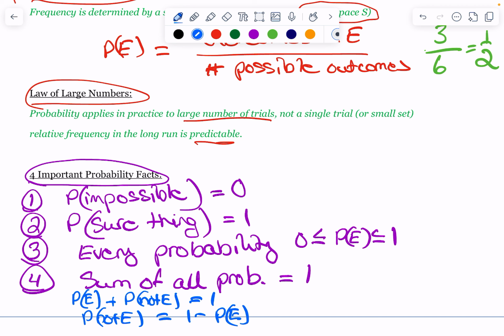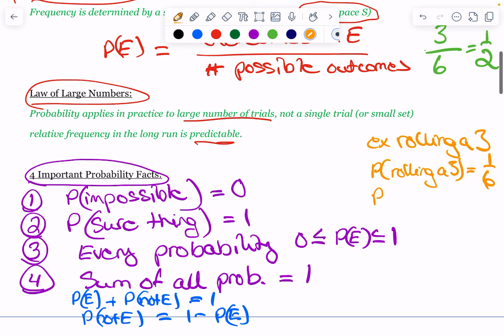So, for example, if we do rolling a 3, our probability of rolling a 3 is going to be 1 out of 6 because we have 6 outcomes and only one 3.